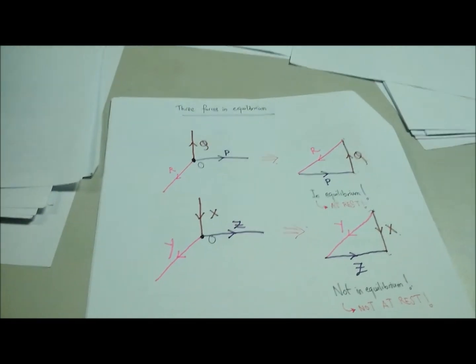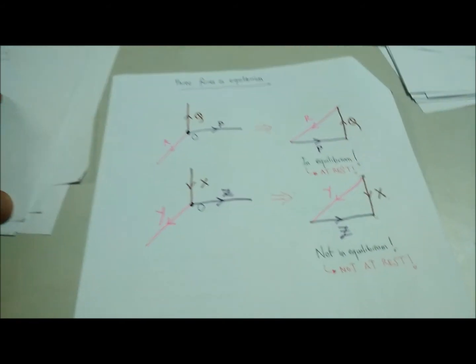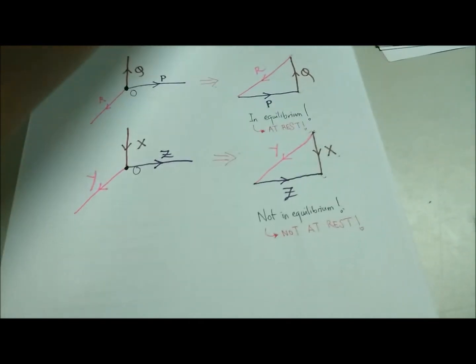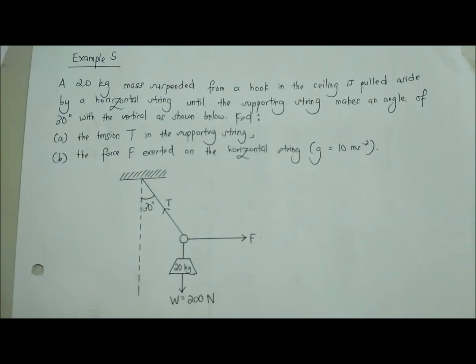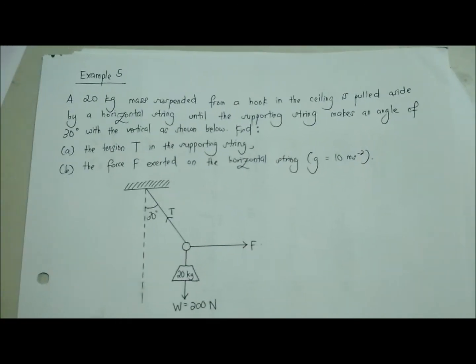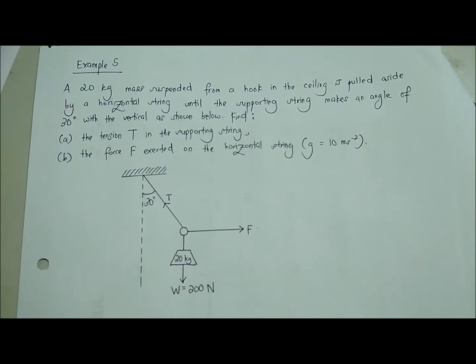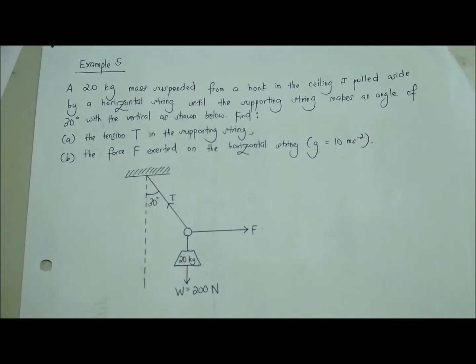So now we discuss example number 5. Okay, so refer to your worksheets. See question number 5, example number 5. A 20 kilogram mass is pulled aside by a horizontal string until the supporting string makes an angle of 30 degrees with the vertical as shown below.